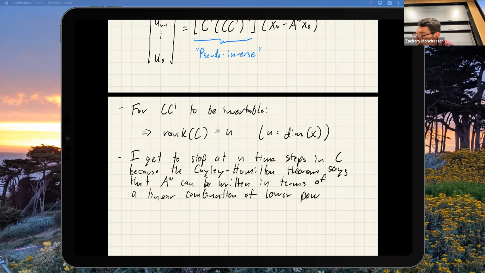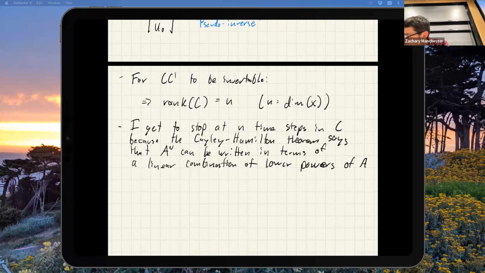And an intuitive way to think about this, in our case, is that adding more powers of A after little n doesn't add any more rank to C. That's sort of the right way to think about it.